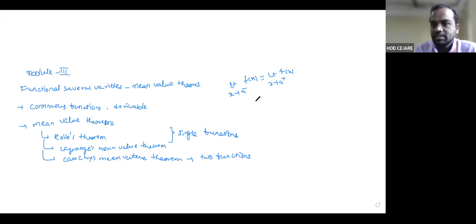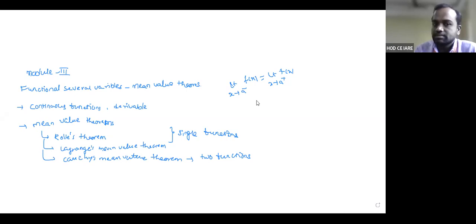For 1 by x square, which exists at the remaining points, it is a continuous function except at 0. At the remaining points it is considered a continuous function. Those problems are already discussed in continuous functions and derivable functions.